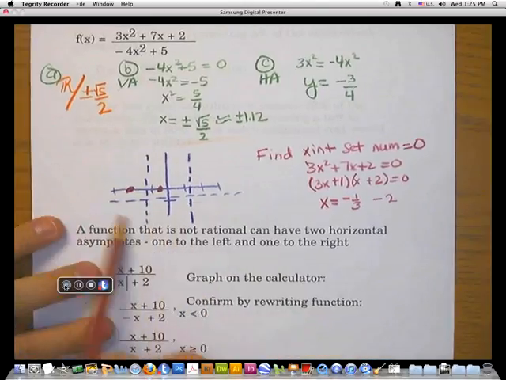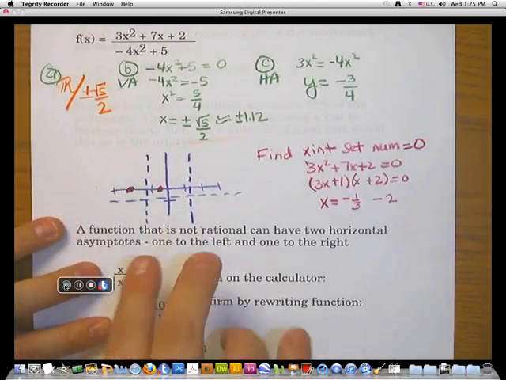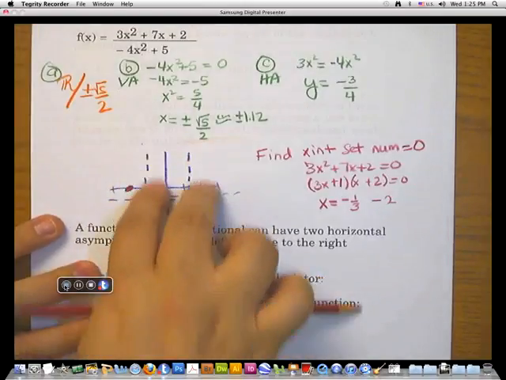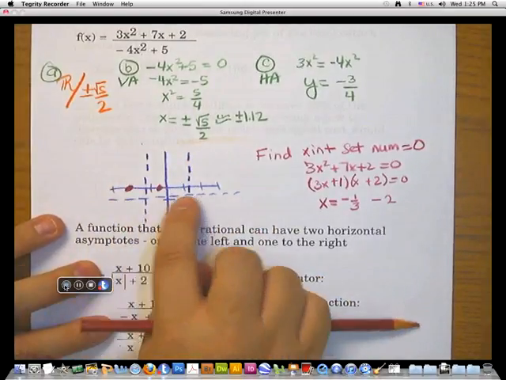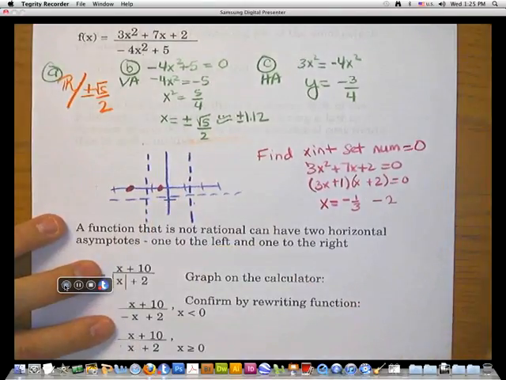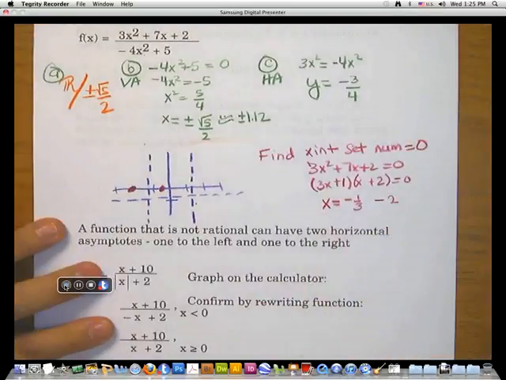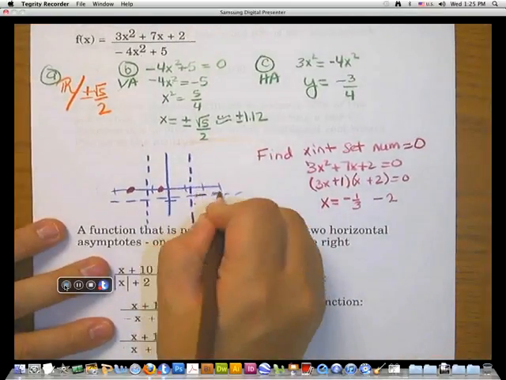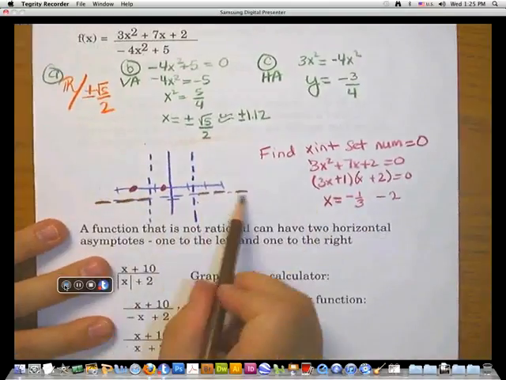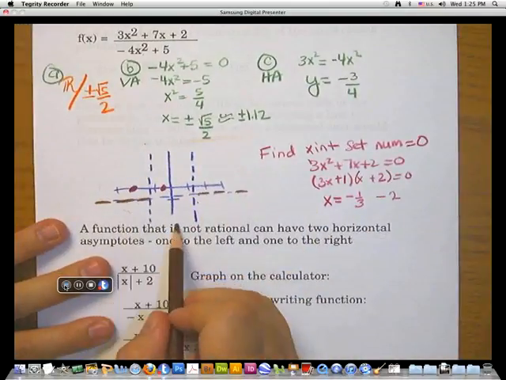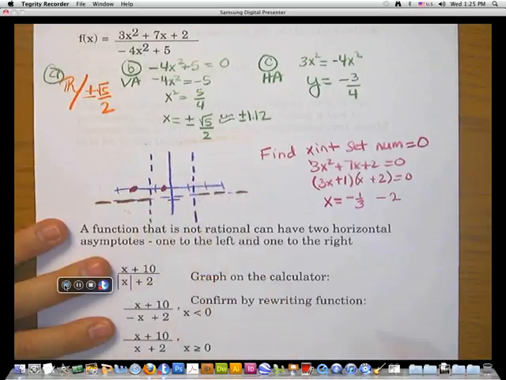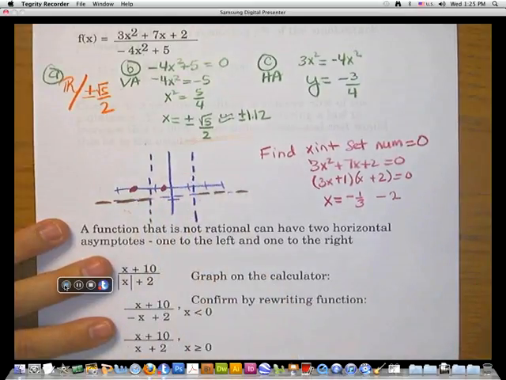One thing that we do need to clarify is between two, in this case, vertical asymptotes, this horizontal really doesn't exist. So the horizontal is actually extended from the verticals, and there isn't a horizontal between the two.